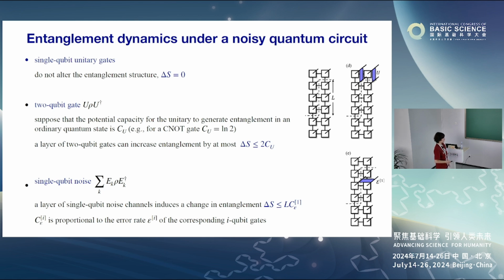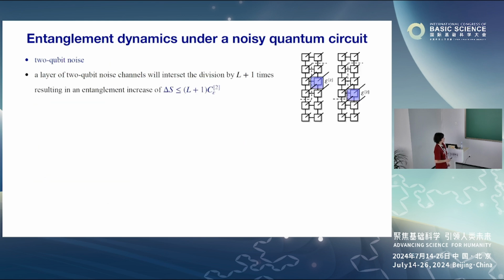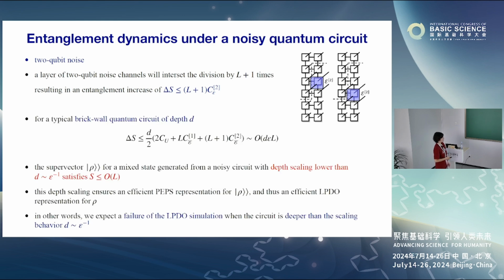So a layer of single qubit noise channels can induce a change of entanglement proportional to L. And we can also consider noise like this. So this one will cut the dashed line L plus 1 times, and the amount is proportional to L plus 1.